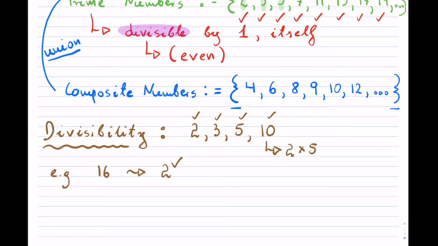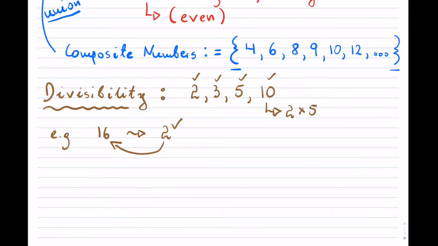That's what we mean by divisibility, meaning will a number be able to go into another number an even number of times? There are actually pretty nice rules for these numbers, 2, 3, 5, and 10. Let's take a look at them.